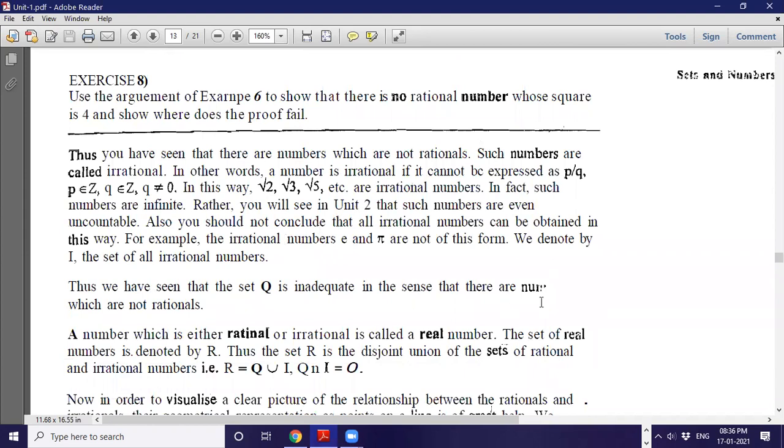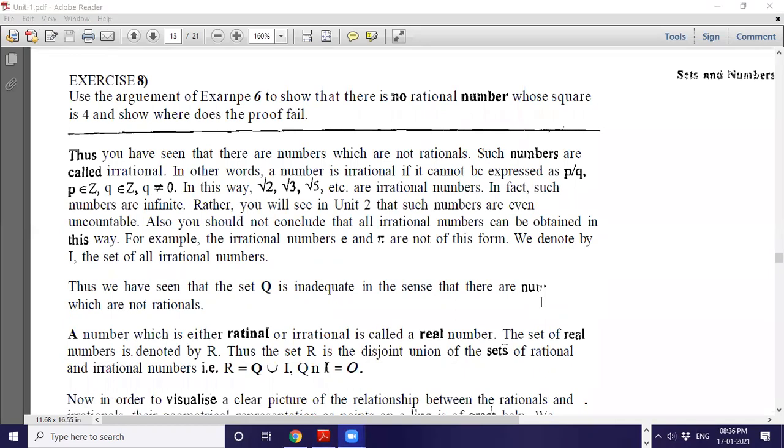Now, from this example, you may notice that we have some numbers which are not rational, right? And these numbers are called irrational numbers. Those numbers which cannot be expressed as a rational number, that is, cannot be expressed in the form of p by q, will be known as irrational numbers.